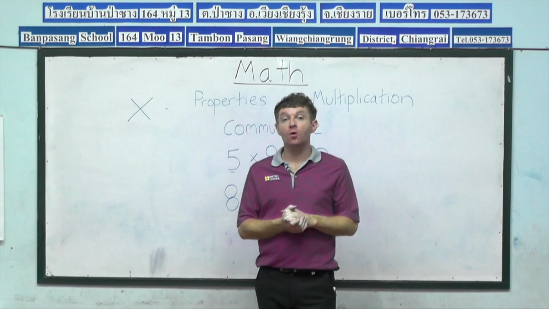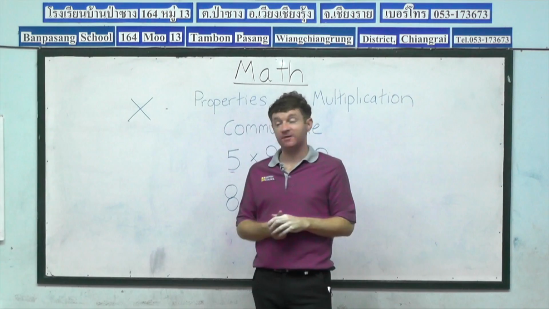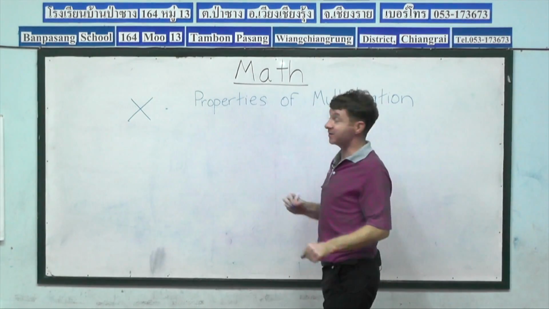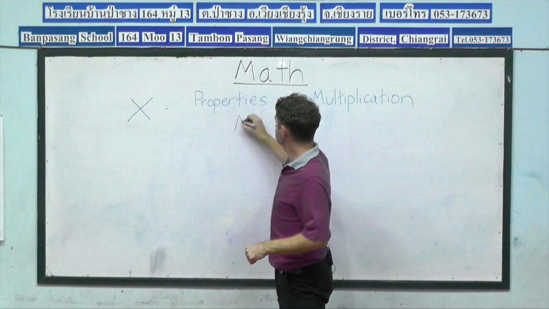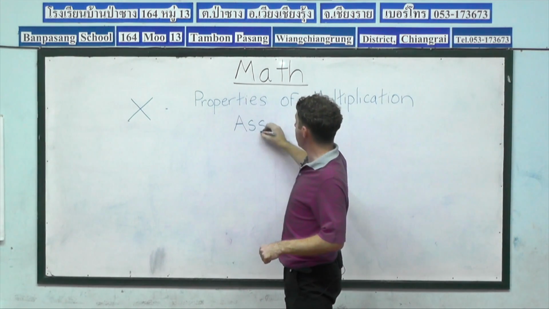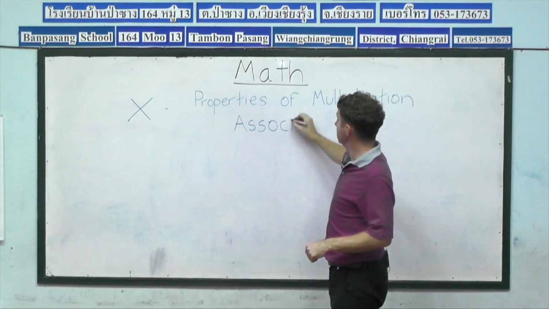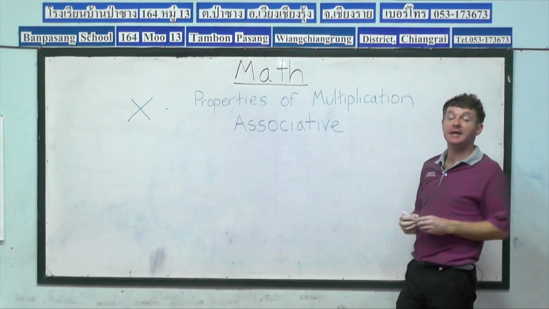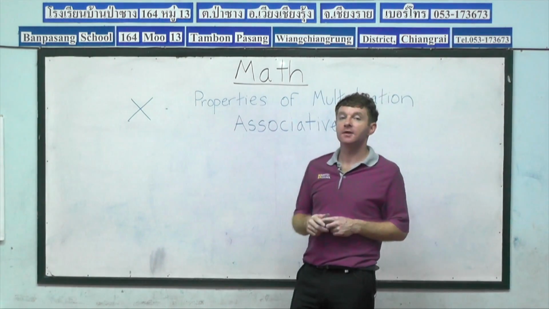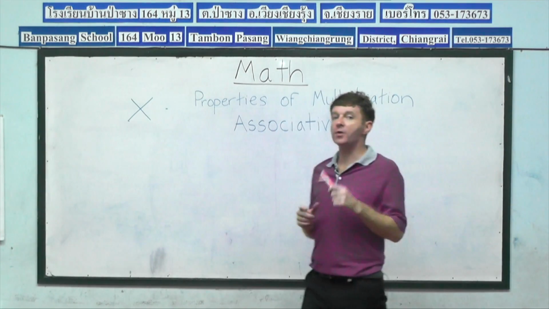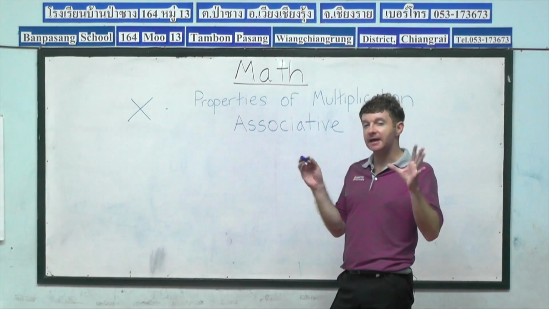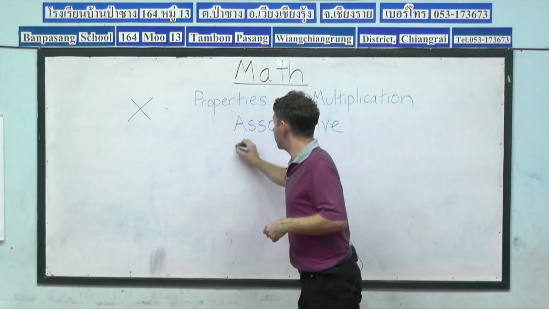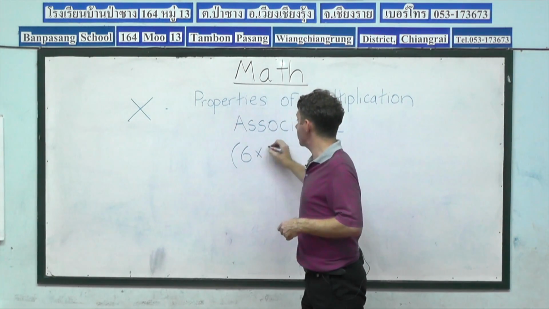And next, we're going to look at our next property, associative property. But first of all, I need to clean the board. So, associative, guys, we spell A-S-S-O-C-I-A-T-I-V-E. Associative property. Now, what we need to do with associative properties, they're slightly more advanced than the commutative. What we will always have is numbers in brackets.